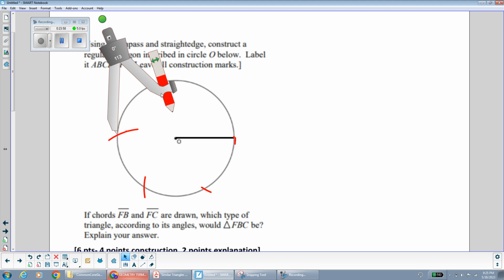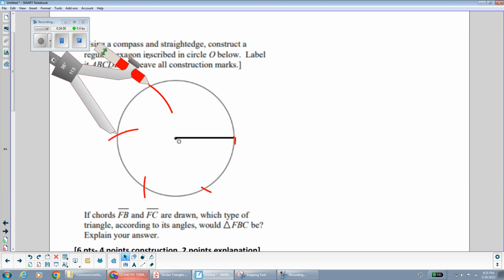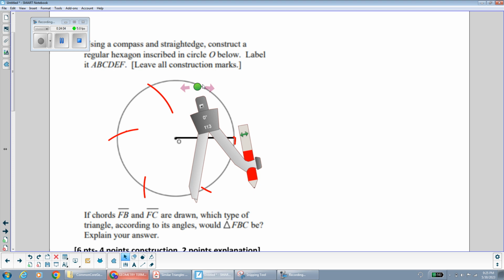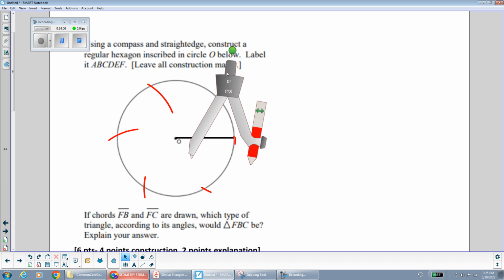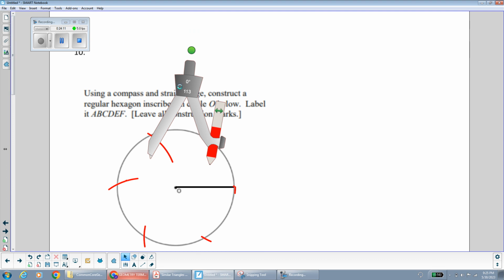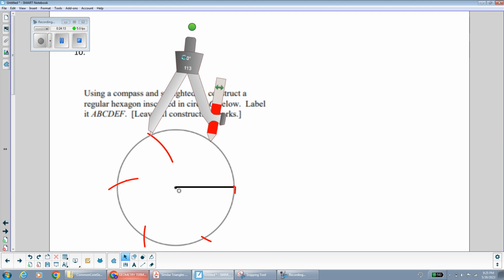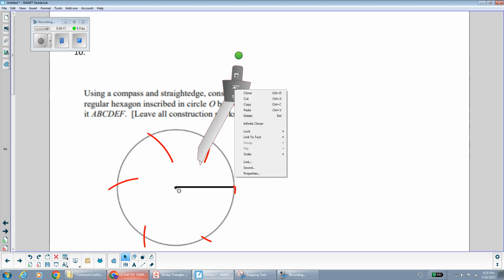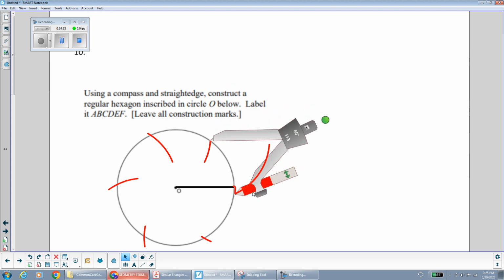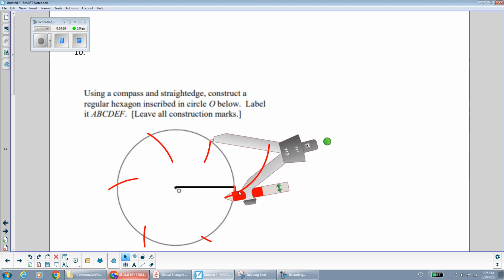And the whole time, I am not changing the distance on my compass. It's what I measured at the beginning. And for my last one, I should end up back where I started or really close to it.